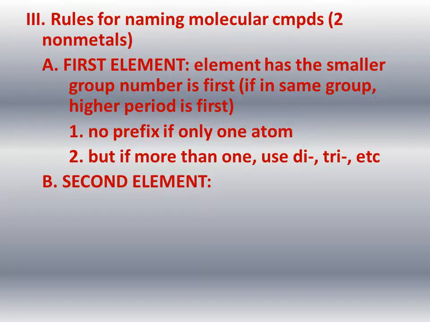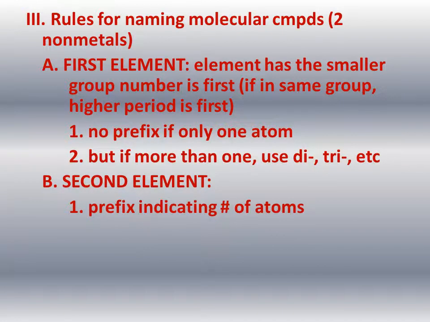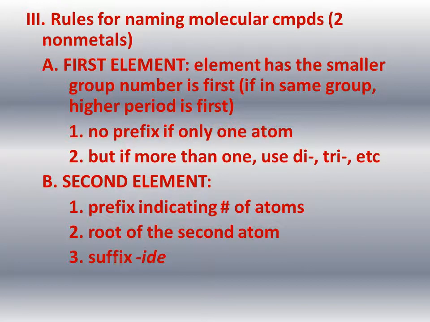For the second element, the prefix indicates the number of atoms. So every time you write this, the second element will have a prefix, and it indicates how many atoms you have. You use the root of the second element, and then you add IDE like we've been doing so far.